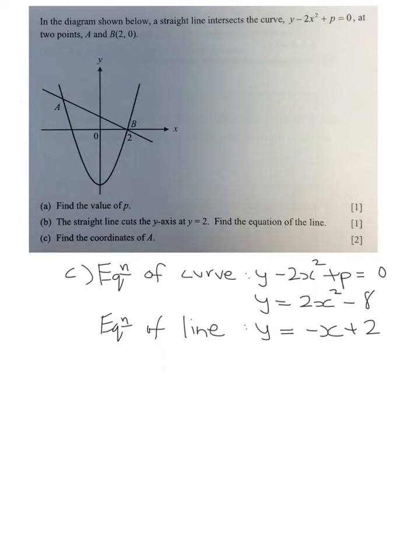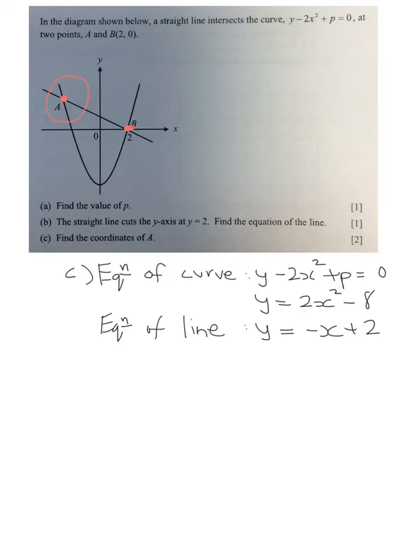The equation of the line, as what we have found in part B, is y equals minus x plus 2. How do you find the coordinates of A? You also have to notice that the line intersects the curve at A and also at B.